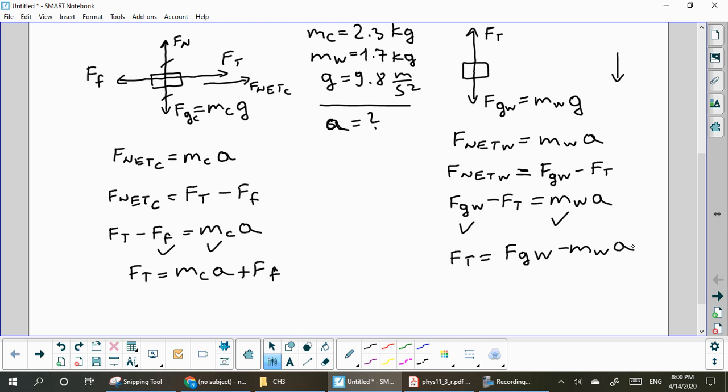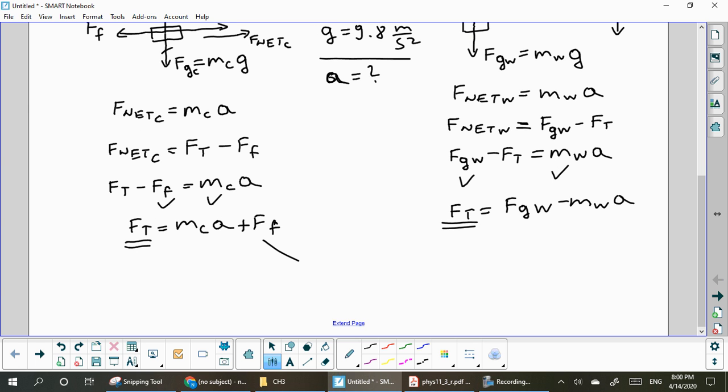There we go. So now that we've isolated Ft, we can combine them together and make them equal to each other. So Ft from the cart is equal to Ft from the weight. So Ft from the cart is mCA plus FF, and on the other side it's FGW minus MWA.